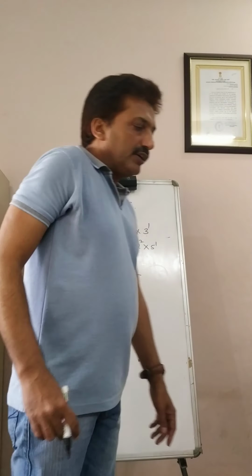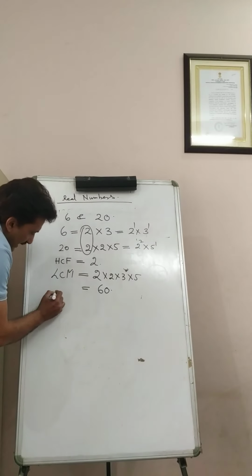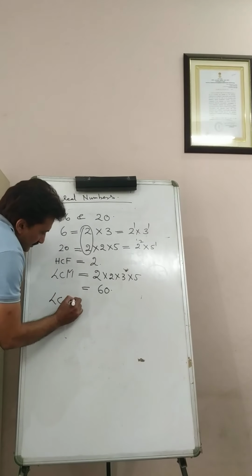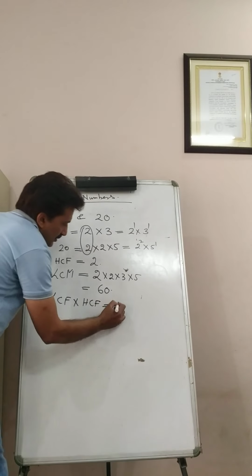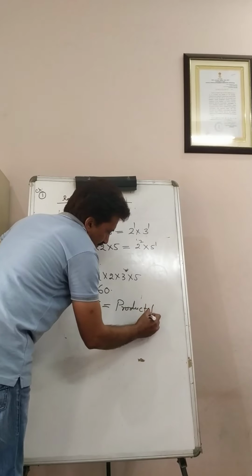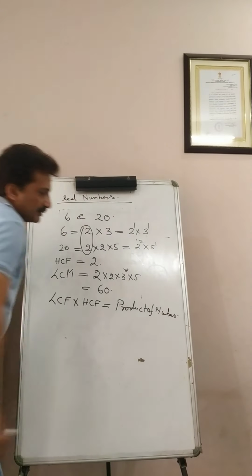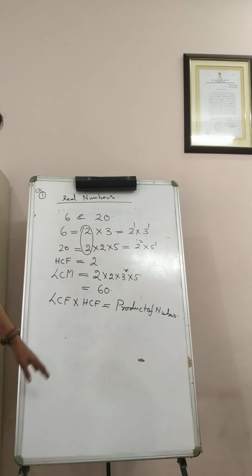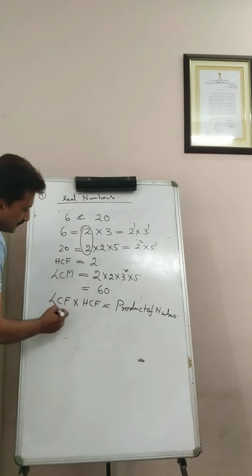So now the fundamental theorem of arithmetic is this: the LCM into HCF is equal to the product of the numbers. If you have two numbers, you multiply these two numbers and you will get the same thing. Let us check it.